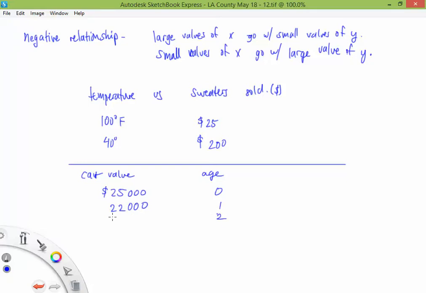After another year, it goes down even further, and it's depressing. After 10 years, your car is worth like $9,000 or something. So we see large values of age go with low values for the car's worth. Small values of age go with large values of worth. So this would be a negative relationship.